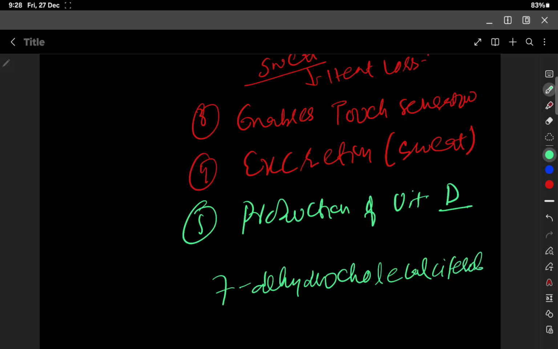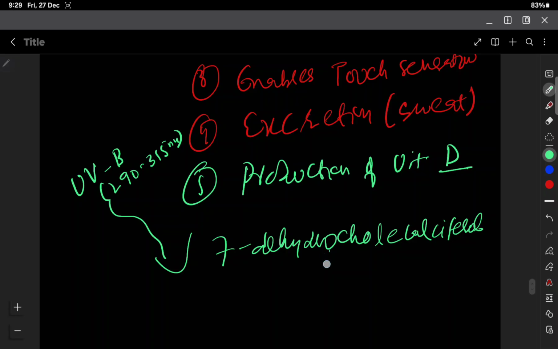When UVB light, which is present in the sunlight and has a wavelength of 290 to 350 nanometer, falls on the skin, it converts the 7-dehydrocholecalciferol present in the skin into vitamin D3.